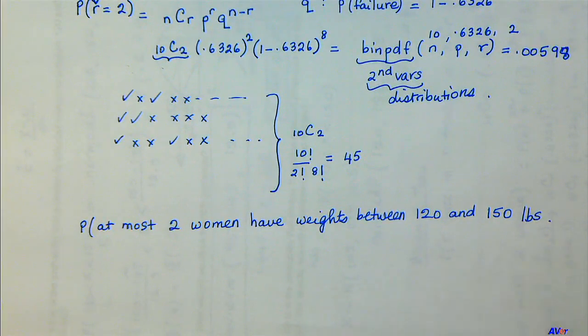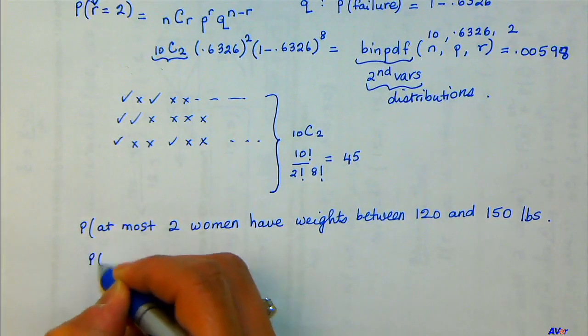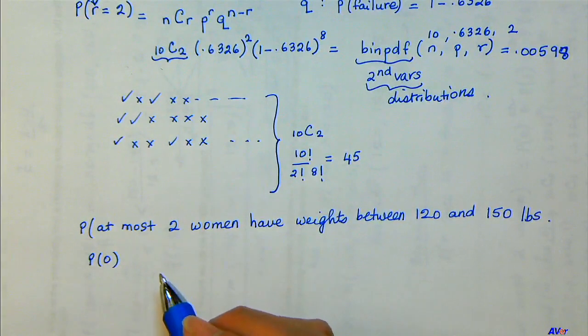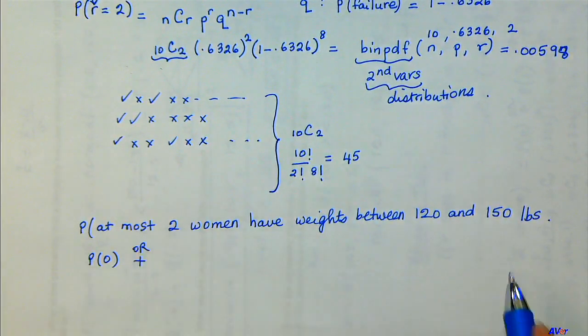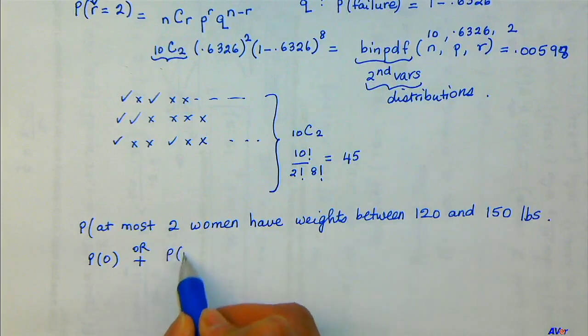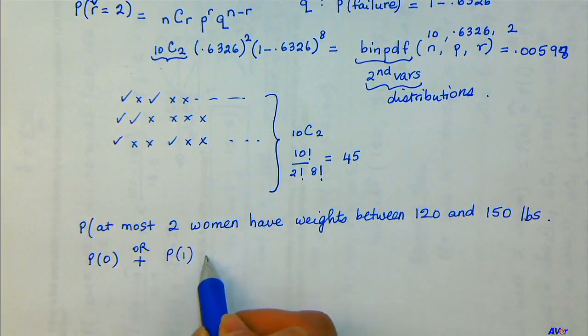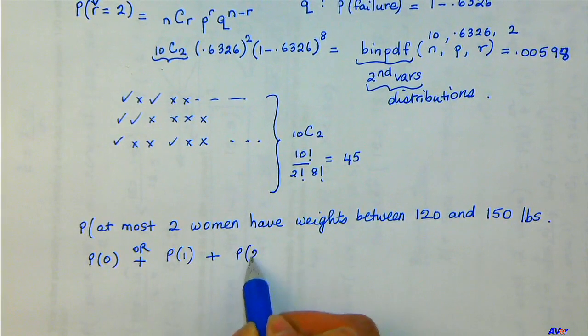At most 2 means what? Who are included in there? 0, 1, 2. So probability of no women having weights in that interval, or every time you write or, it's going to be a plus. Probability of 1 woman, or probability of 2 women.